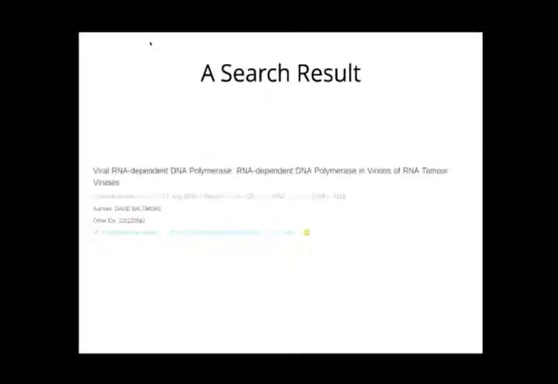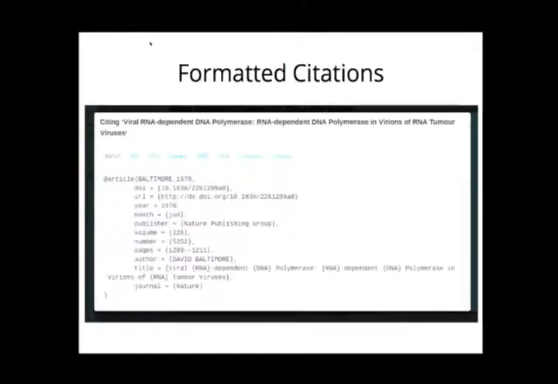Straightforward. To the left of that, there's an actions drop-down, and that includes all kinds of things, one of which is the production of formatted citations. So we take the data from the record, pass it through something called the Citation Style Language, I think, and we can produce BibTeX and various forms of styled citation.